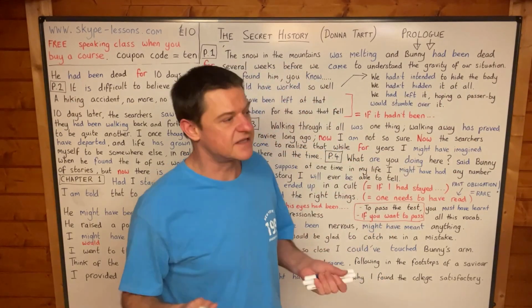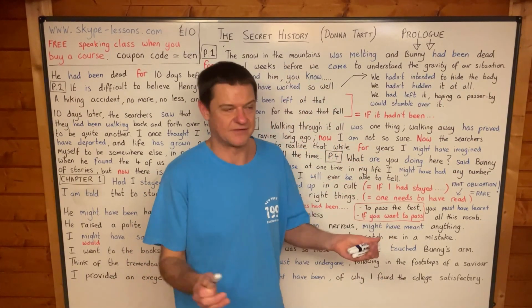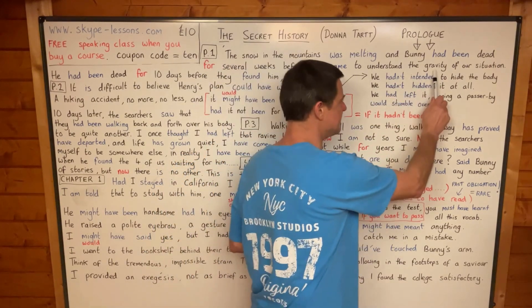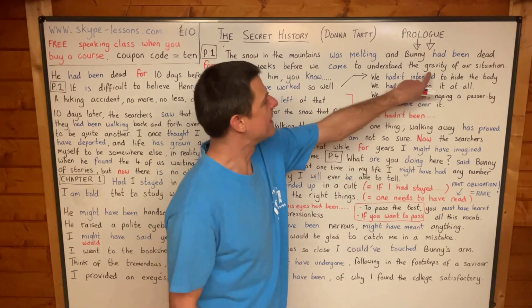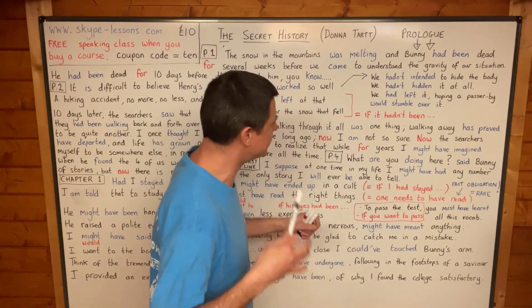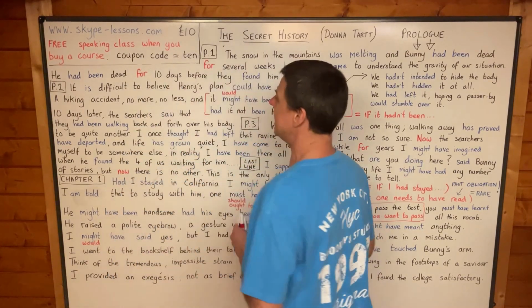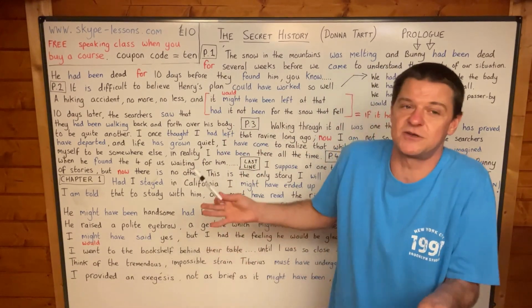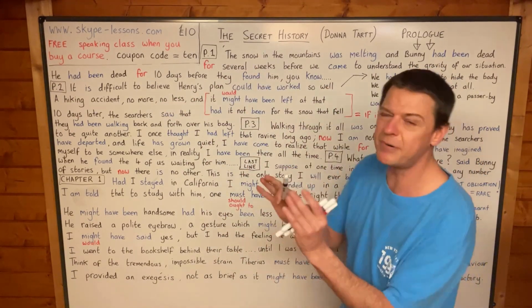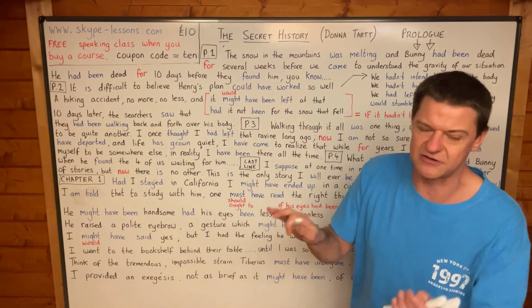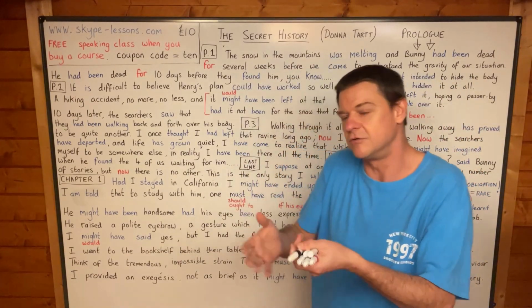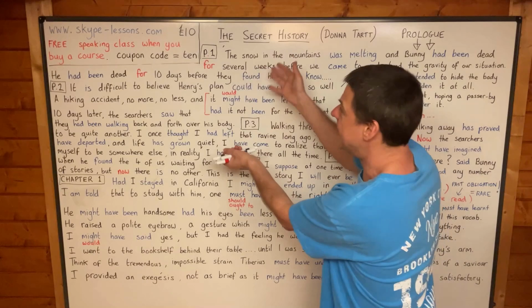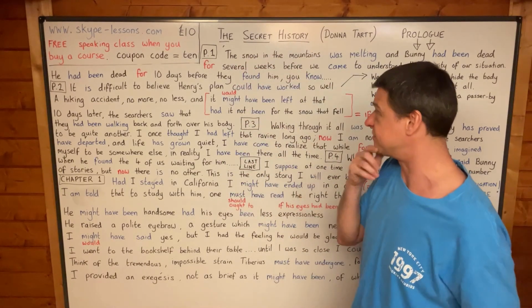Here we don't mean gravity like Isaac Newton's gravity, we mean the seriousness of our situation, and we very often use gravity in that second meaning as well. Okay, he had been dead for 10 days. We've got repetition straight away of the very first line. And by the way, a lot of this is paraphrased, so when you read the book, you'll see some other sentences in between some of these sentences.